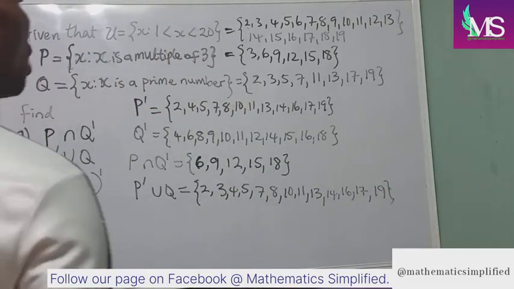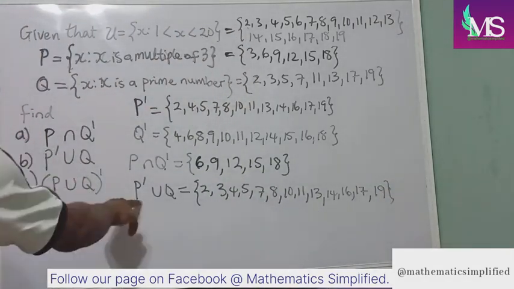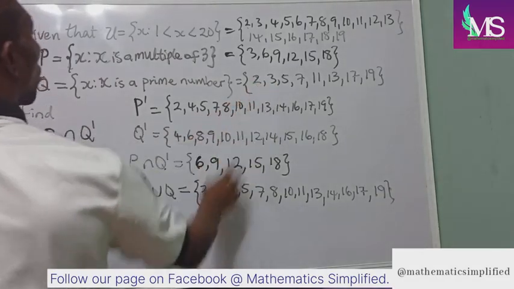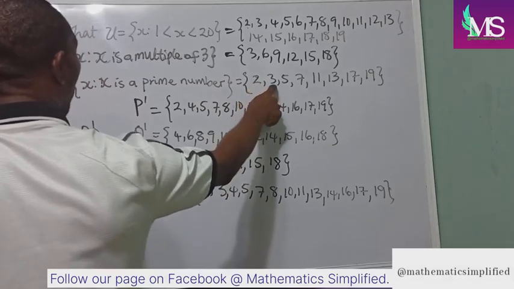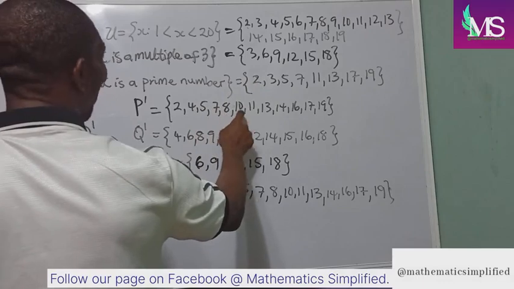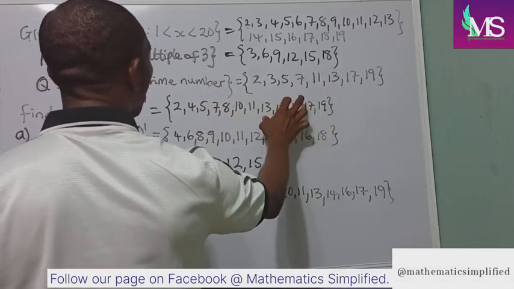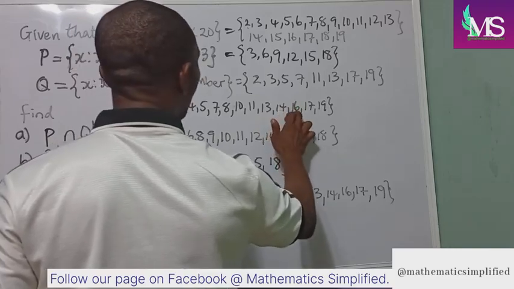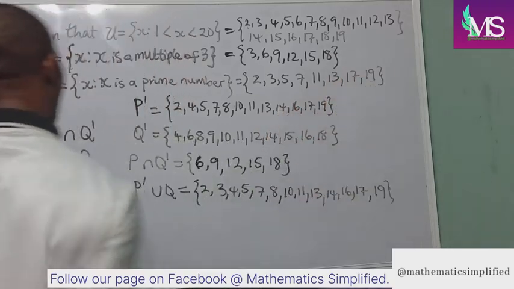That forms our P prime union Q. Okay, we have 2, 3, 4, 5, 7, 8, 10, 11, 13, 14, 16, 17, and 19.